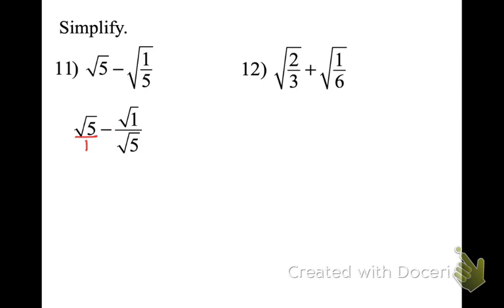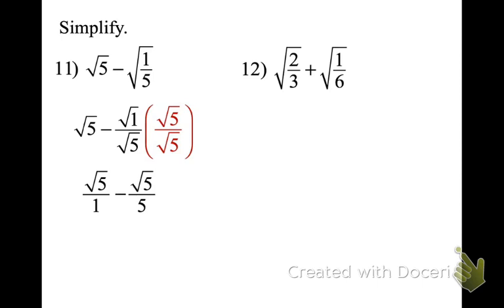you can do it a couple different ways. I was going to say I'll just multiply by rad 5 over rad 5. Well, they're going to rationalize first. So if I multiply by rad 5 over rad 5 on the right, then what I'm going to get is a rad 5 over 5. Let's rationalize first, because then when I try and figure out the other side, in order to get rid of the rad 5, I had to multiply by a fancy 1, because rad 5 times rad 5 is 25.